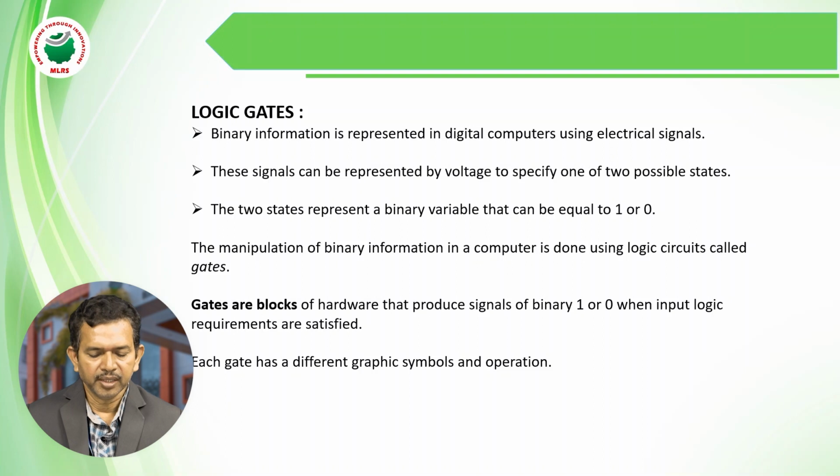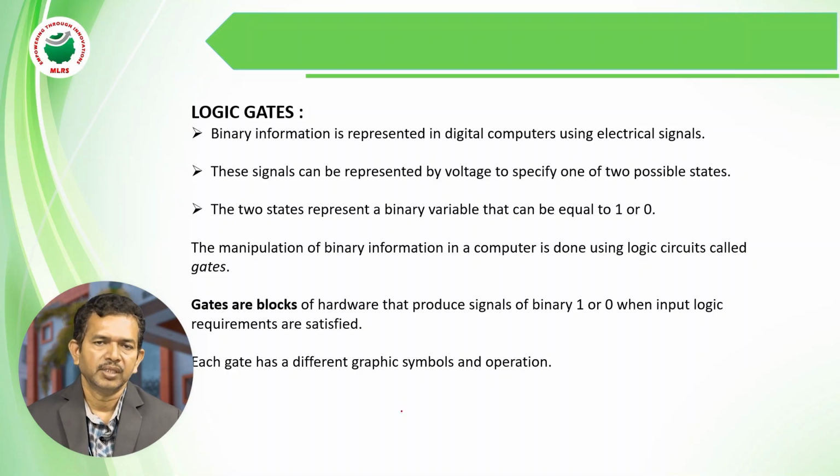Right. Binary information is represented in a digital computer using electrical signals. Suppose a particular digital component handles binary information. How can this binary information be represented? For us, it will be in the form of ones and zeros, because we can see only ones and zeros. But internally, the representation in the digital computer will be in the form of electrical signals.